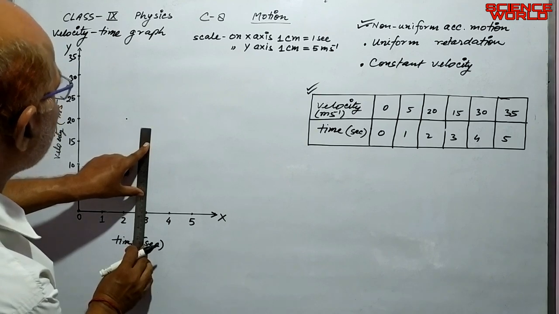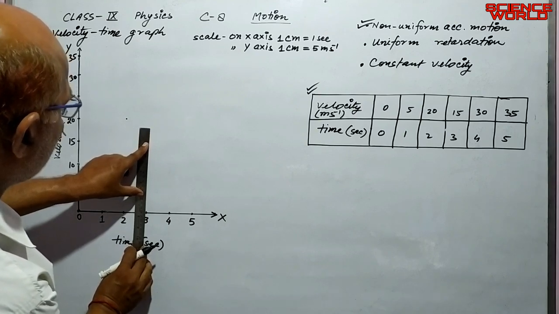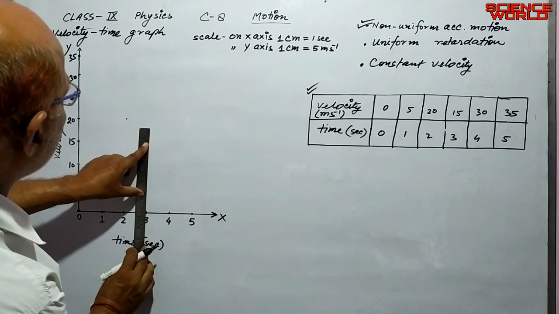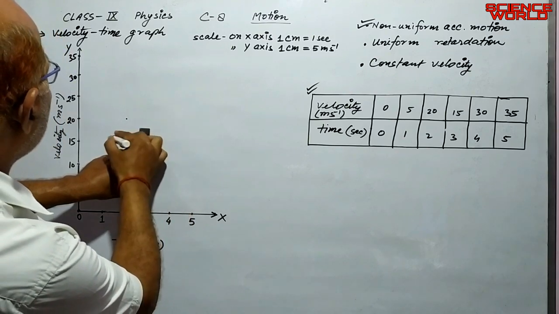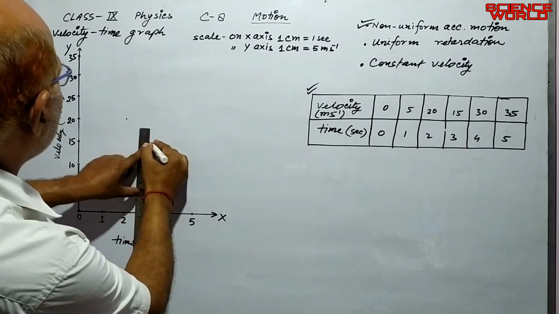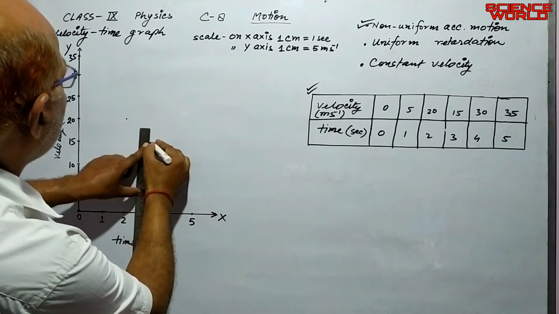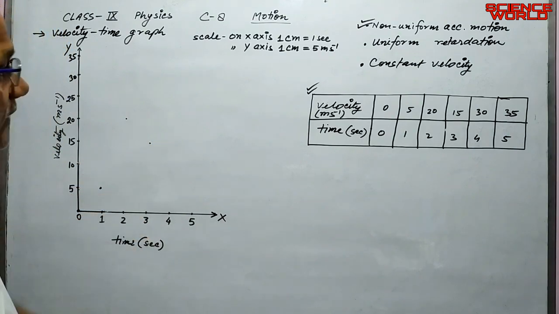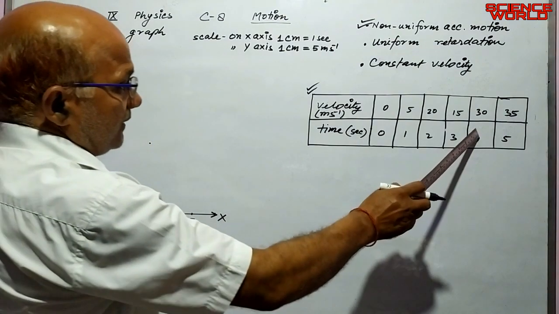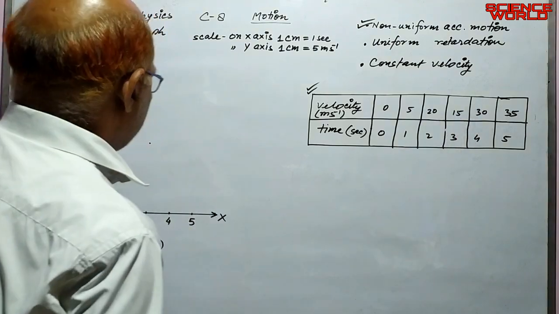You can use the graph paper for this velocity time graph. In 3 second the velocity is 15 meter per second. So, we will put a point here and in 4 second you can see the velocity is 30 meter per second.